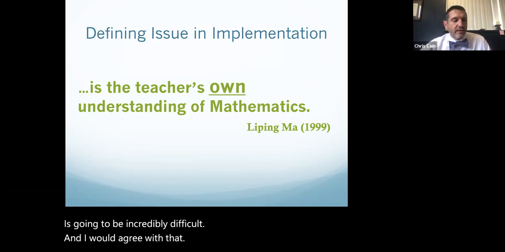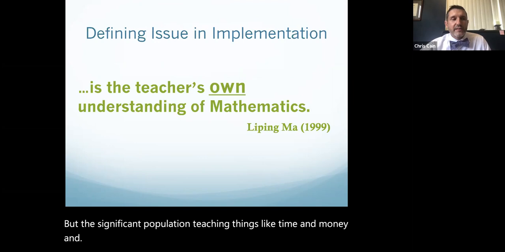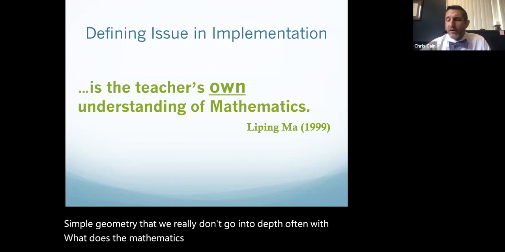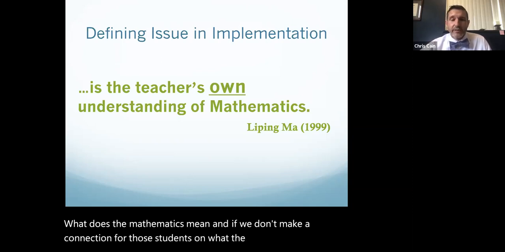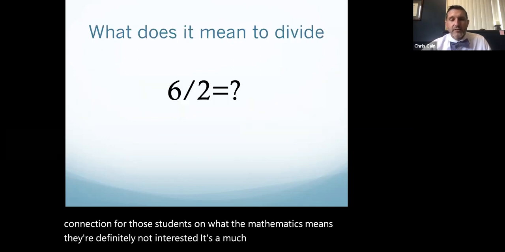We spend so much time with the significant population teaching things like time and money and simple geometry that we really don't go into depth often with what does the mathematics mean? And if we don't make a connection for those students on what the mathematics means, they're definitely not interested. It's a much harder sell for this group, this population.